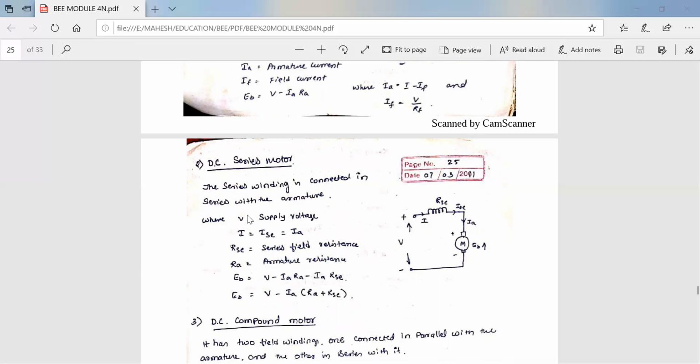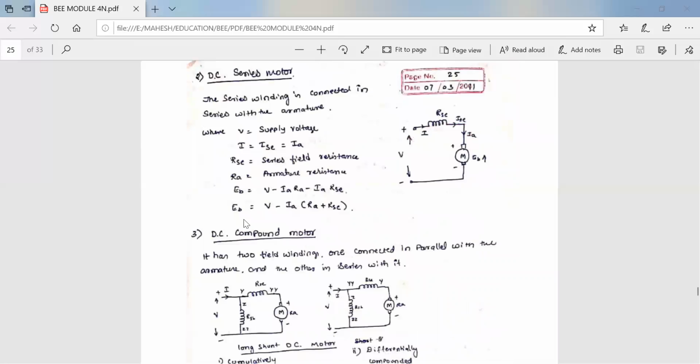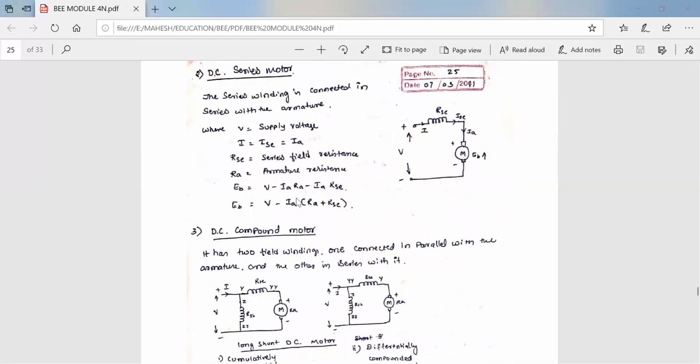So the equation is EB equals V minus IA into RA minus IA into RSC. Since the winding is connected in series with the armature, we have to consider the voltage drop across the series field winding. As IA equals ISC, the equation becomes EB equals V minus IA into (RA plus RSC).